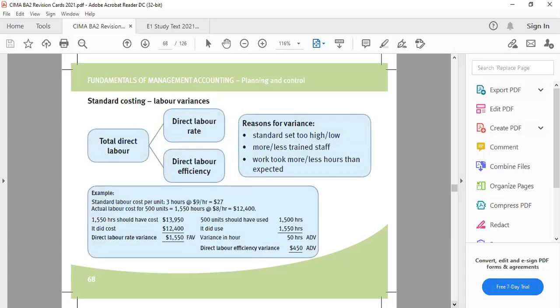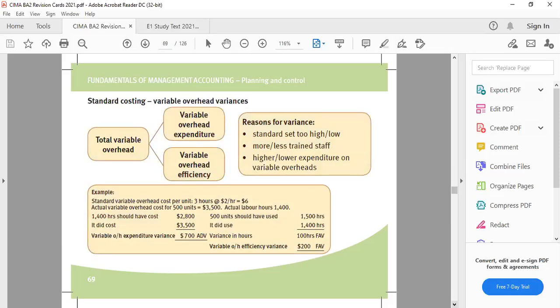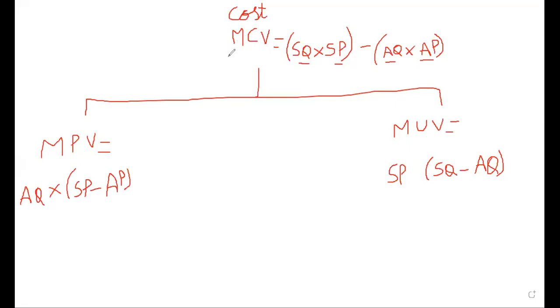Then on a similar note, we also see the labor variances. So I will write it here. And on a similar note, we also see the variable overhead variances. So let's get back to this one. So wherever material is there, we can present it as labor cost variance. But quantity is not used in labor cost variance.